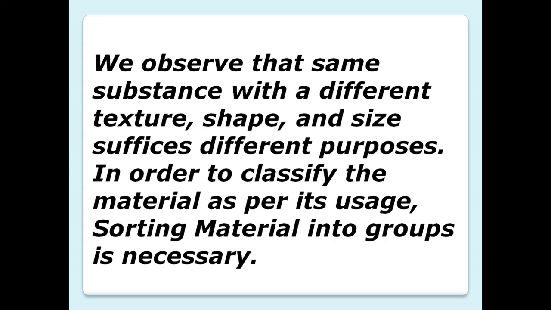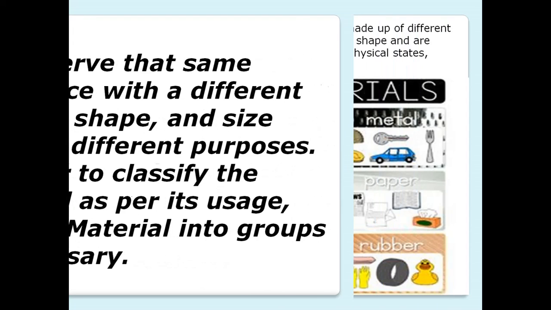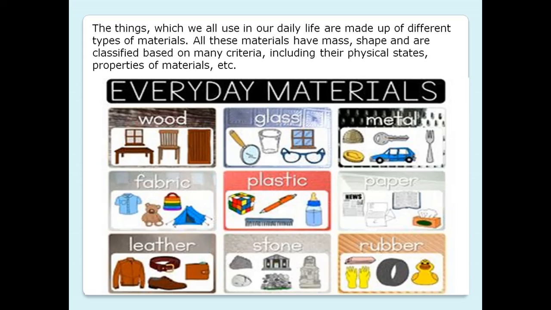So, in order to classify the material as per its usage, sorting materials into groups is necessary. Look at this given image. Here are the examples of some materials that we use in our daily life.